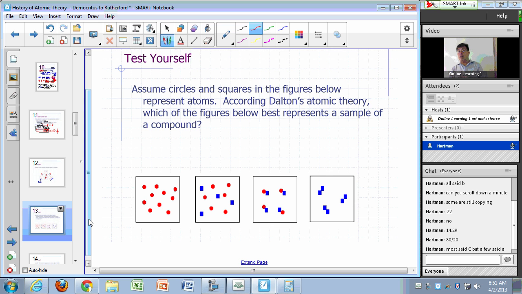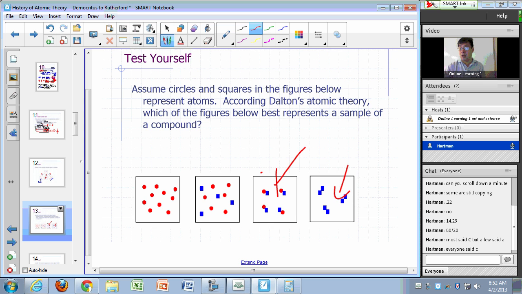According to Dalton's atomic theory, which of the figures best represents a sample of a compound? All right, very good. This one is a compound, okay?